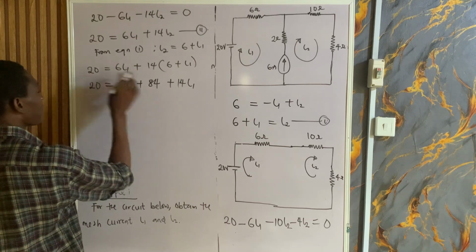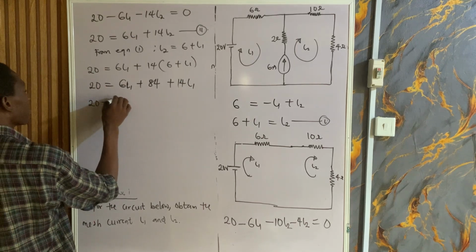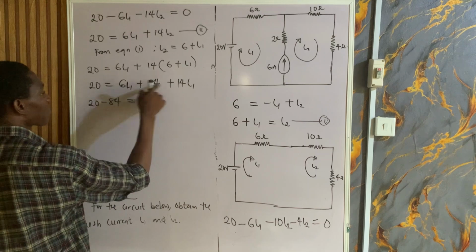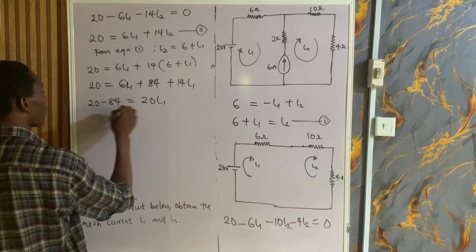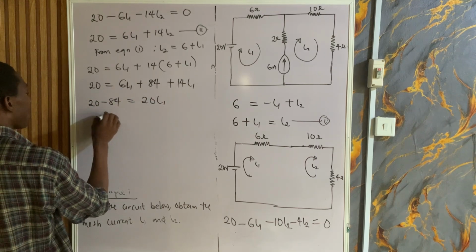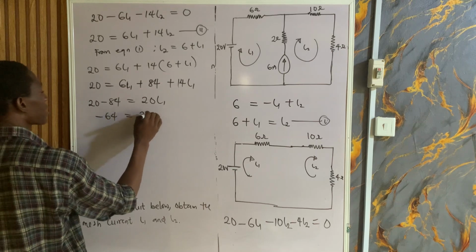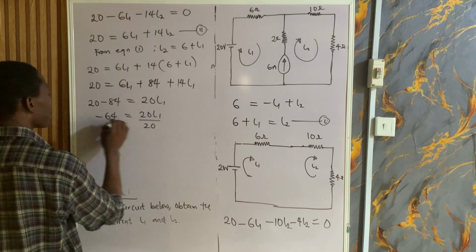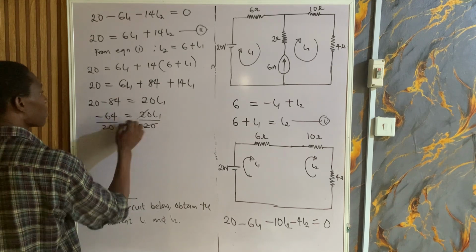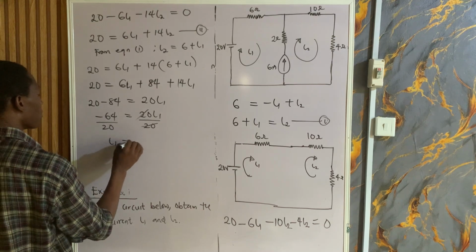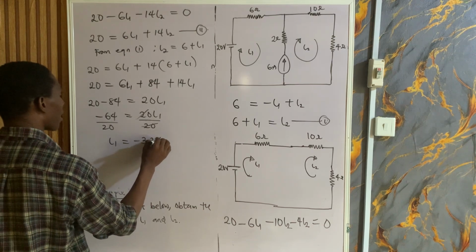And then bringing this 84 here, 20 minus 84 gives us, 6 plus 14, that's 20I1. This will be minus 64 now is equal to 20I1. Dividing both sides by 20 will now give us I1 to be minus 3.2 ampere.